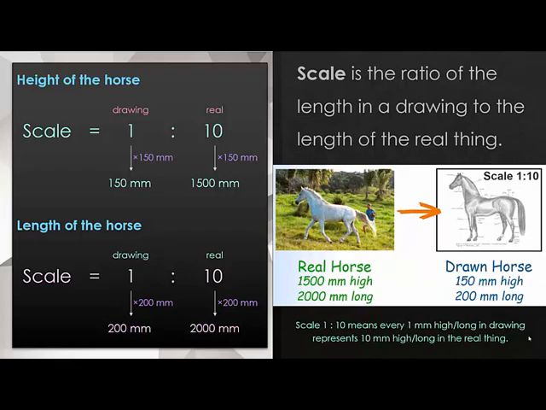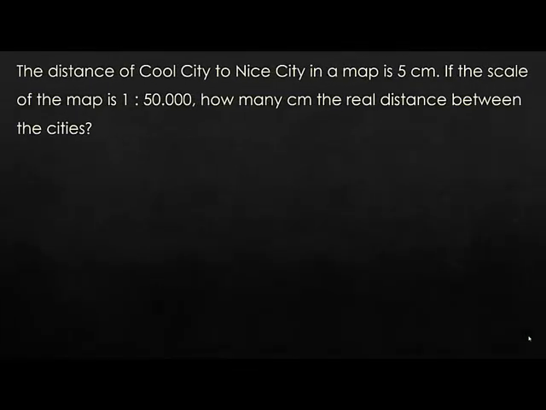Let's see this one. The distance of Cool City to Nice City in a map is 5 centimeters. If the scale of the map is 1 to 50,000, how many centimeters is the real distance between the cities?